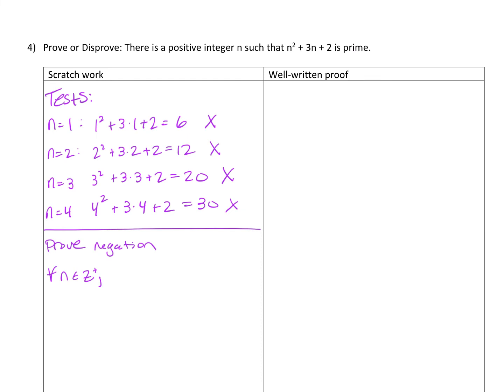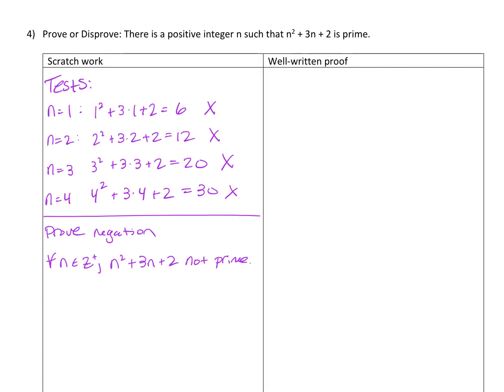So for all n in Z plus, n squared plus 3n plus 2 is not prime, which is composite. Okay. So to prove that, I need to start, it's a "for every," I have to prove a "for every," which means that I have to use direct proof.